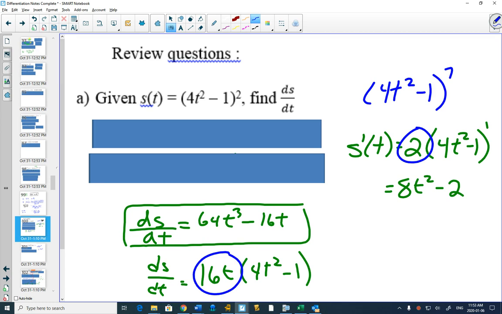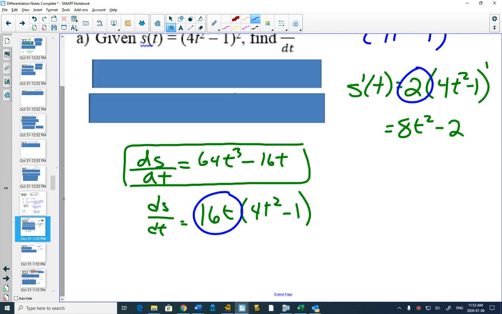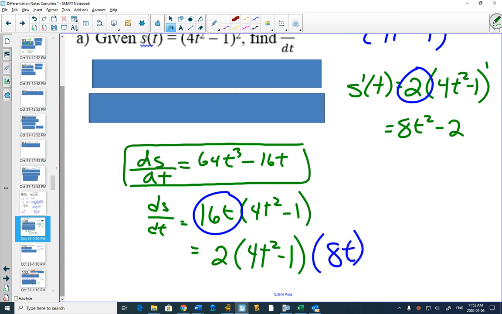In fact, I could almost make it look right. Can you see that I could take a 2 out of there, but then I have an extra 8t that can't be explained yet. Okay? So you're okay with my math rearranging here? That the answer that I wanted to get was 2 times 4t squared minus 1.